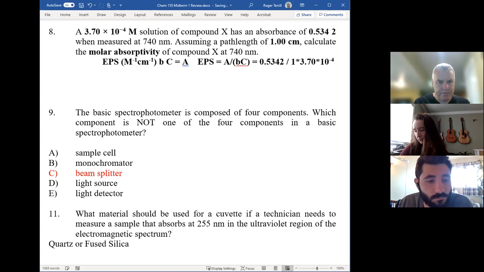So that's the answer there. It's not KBr, not glass, because glass absorbs at 255, not polystyrene. So there you go.